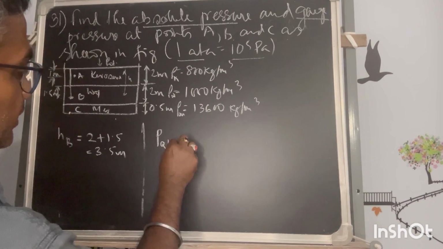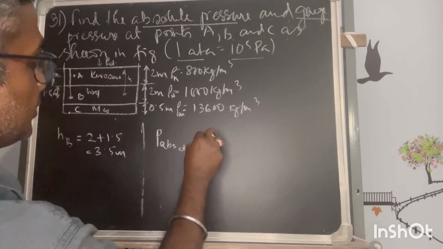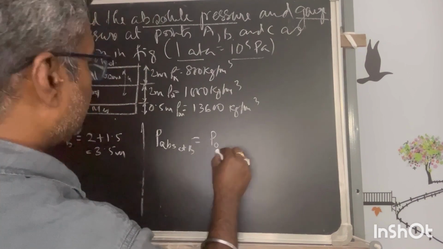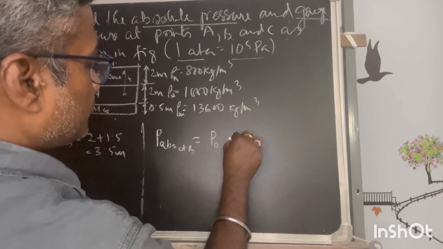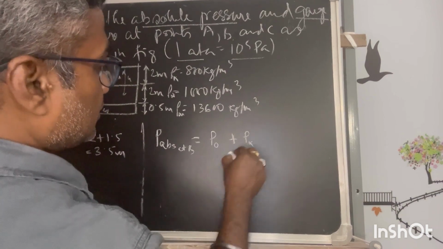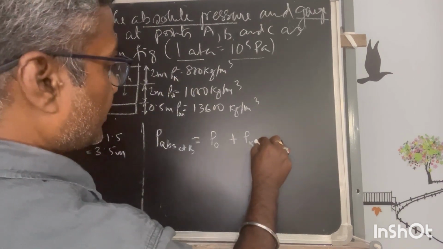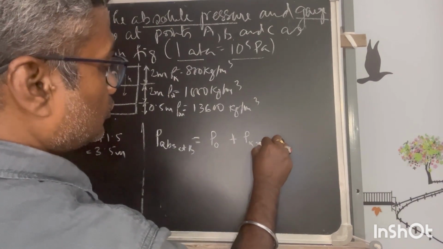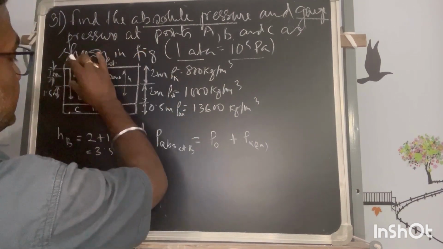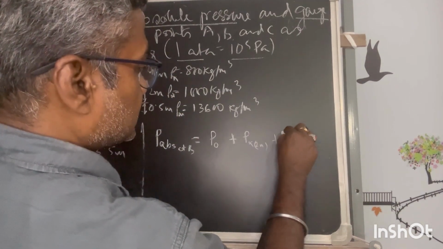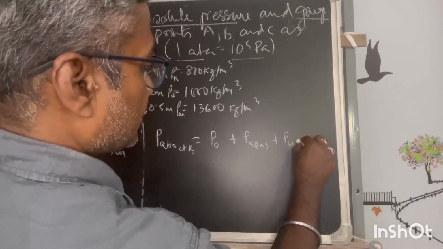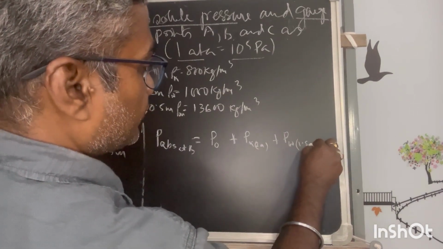So my total pressure will be, P absolute at B is equal to P0, atmospheric pressure, plus pressure due to the kerosene complete column of height how much? 2 meter. This complete column will act there, plus pressure for water, the next column is water, but the height I will consider 1.5 meters.